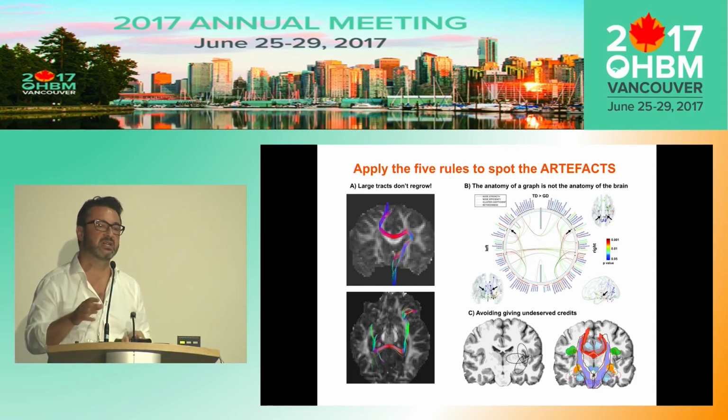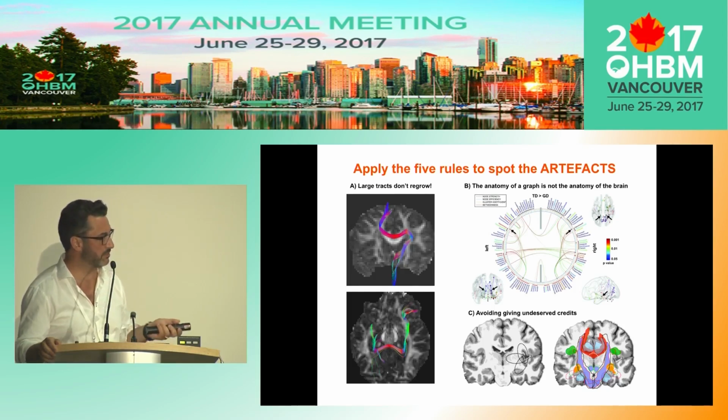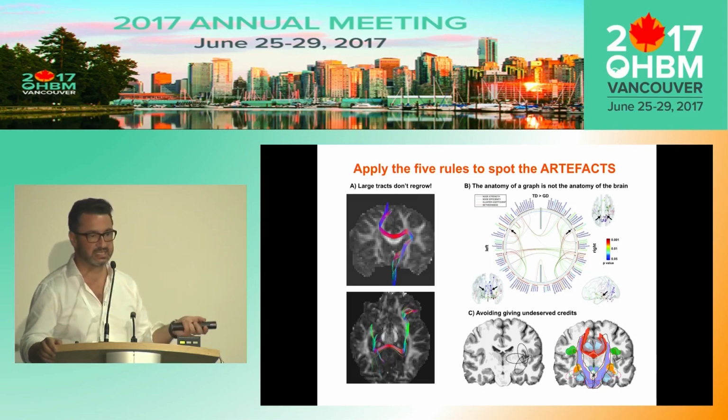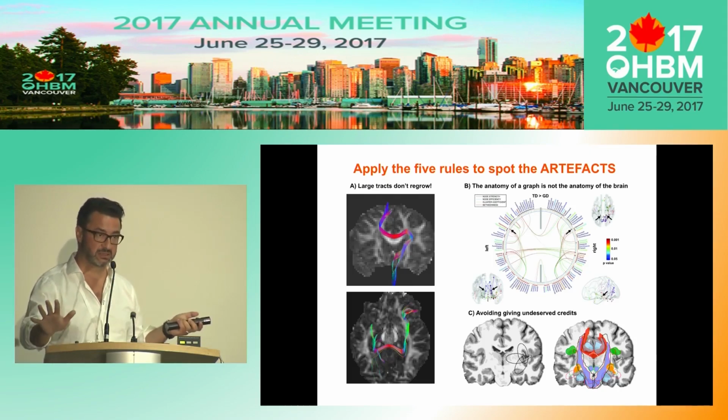Who says it is an artifact? Okay, a bit. Who says it may be real, this one? Okay, so a few people say it may be real. Well, actually, the take-home message is that both are artifacts. Okay, by the rules I told you, the association and projection fibers don't enter the corpus callosum.